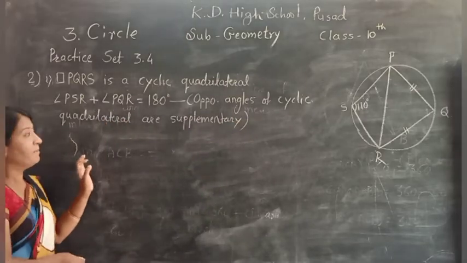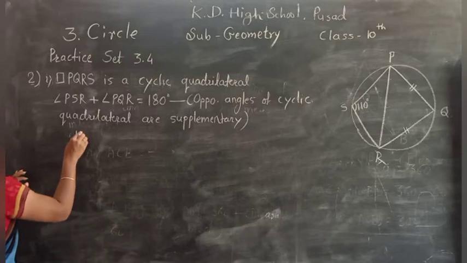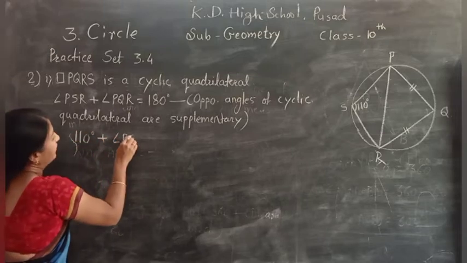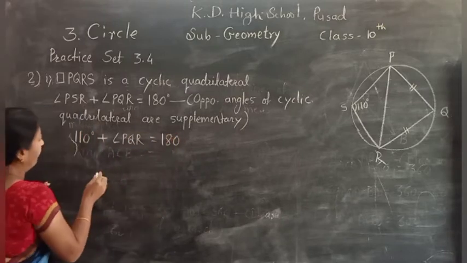Very clear? Okay. Therefore, angle PSR, it is given, 110, plus angle PQR is equal to 180.